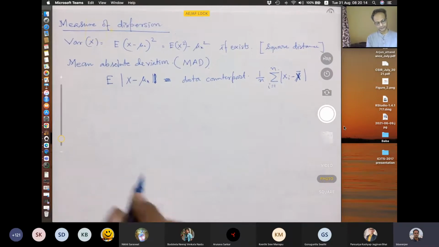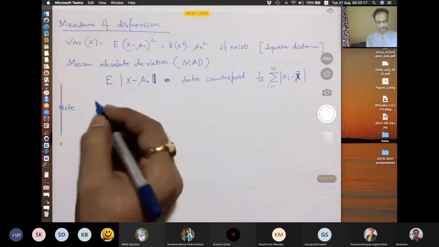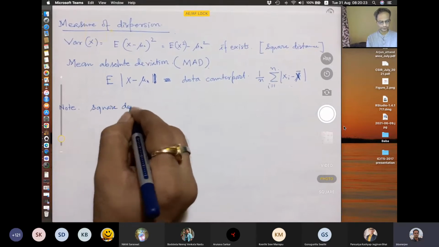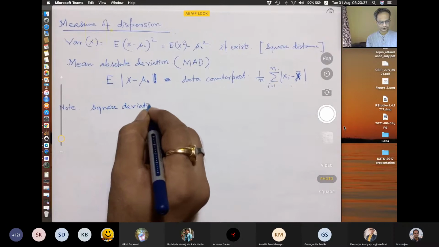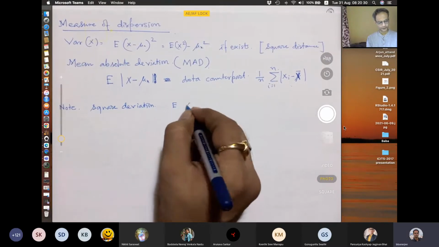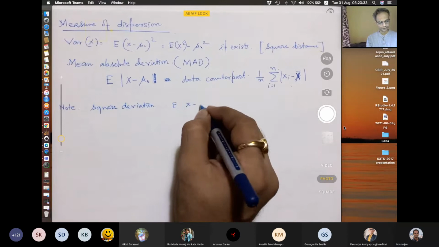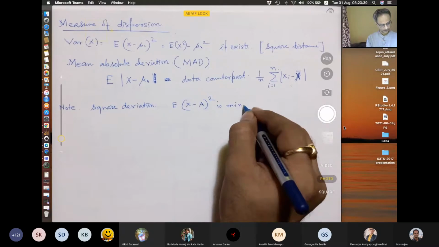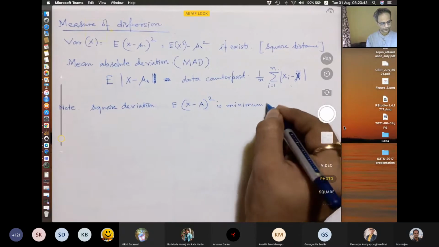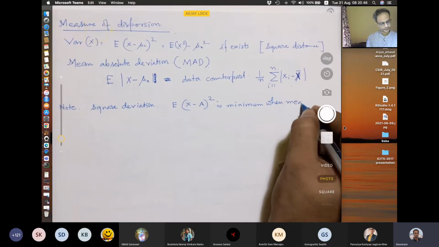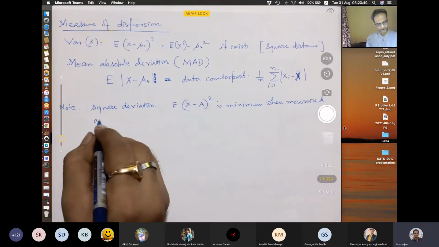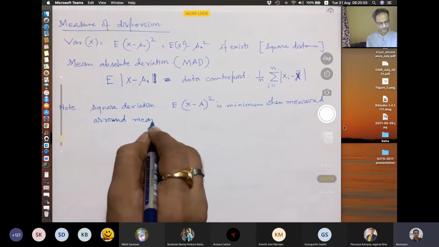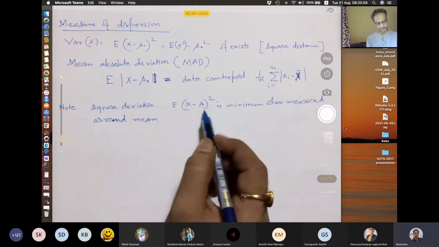Interesting fact is this: for the square deviation, we have done this, the expectation of (X minus a) whole square is minimum when measured around the mean. That means if a equals the mean, then it is minimum.